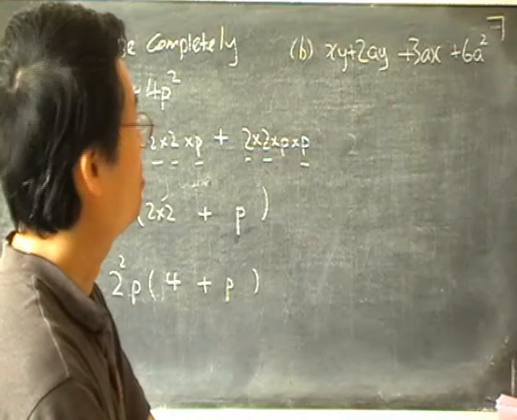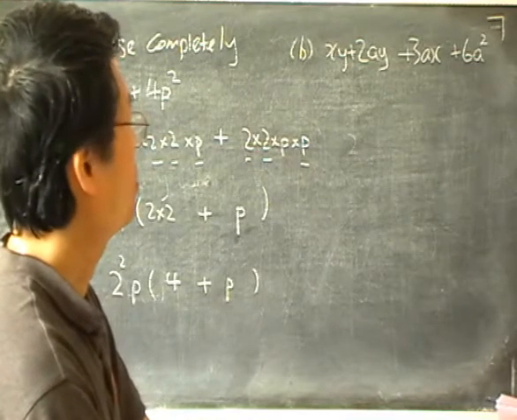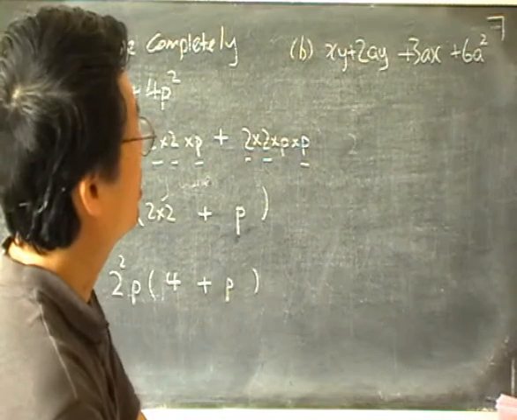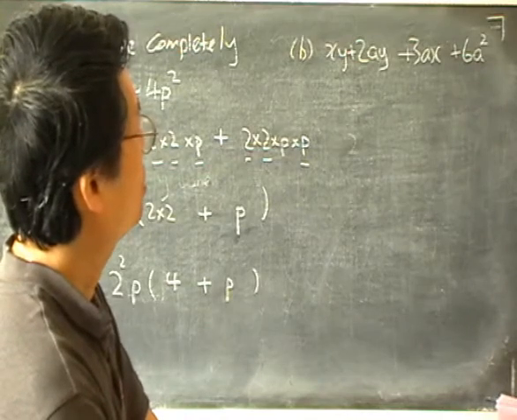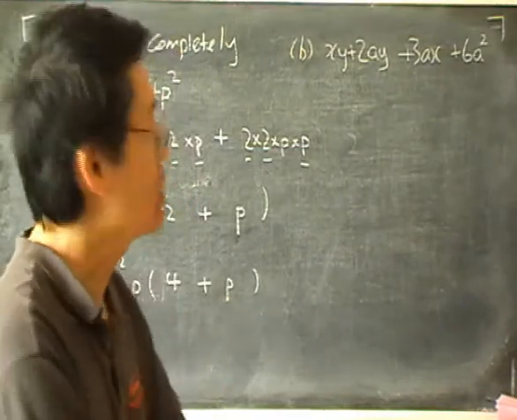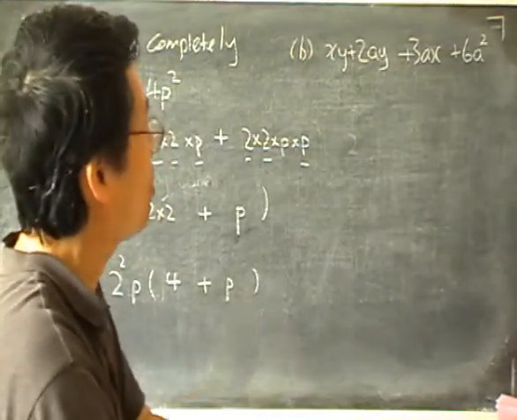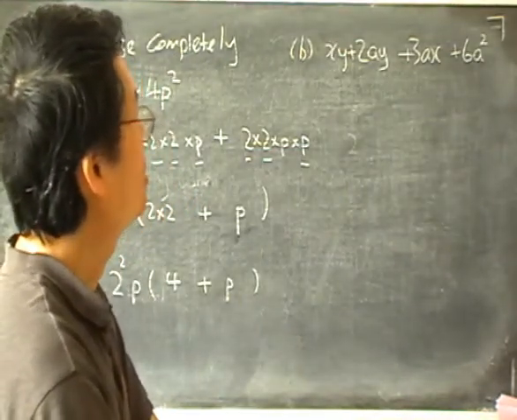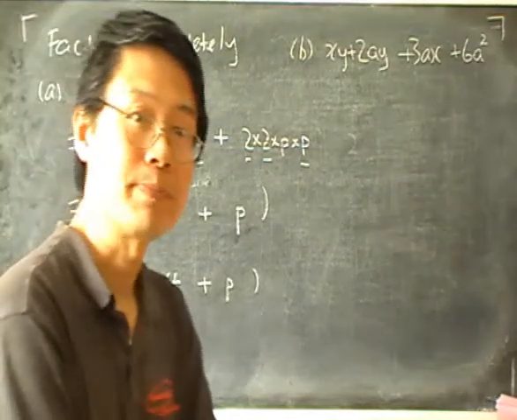We could start anywhere, really. We could just pick a factor. We can try x or y or a or even 2 or 3.